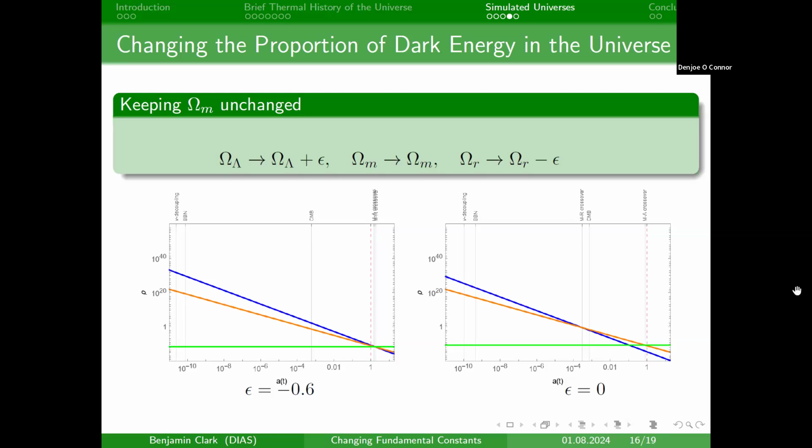You've treated matter as both dark matter and ordinary matter together. Would it have mattered if you had treated them separately? I don't think so. We haven't looked at it.